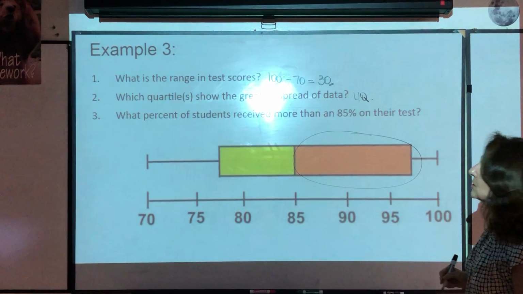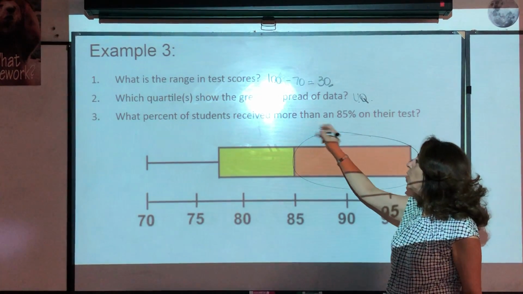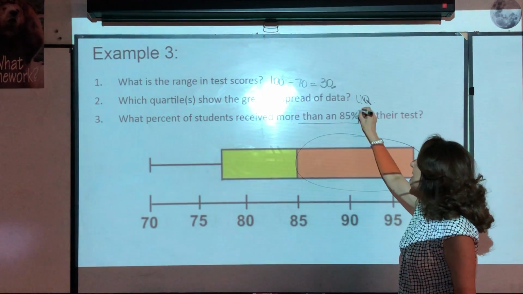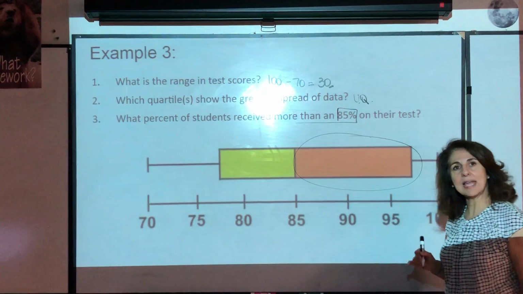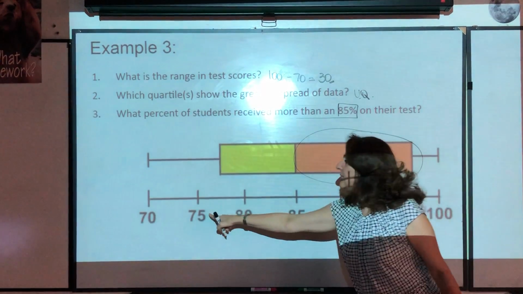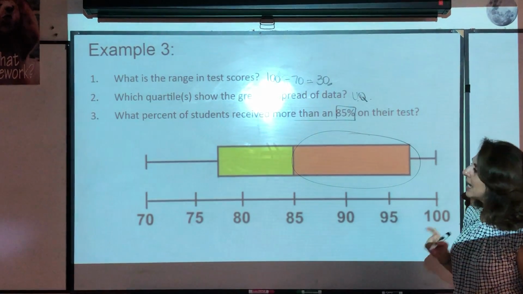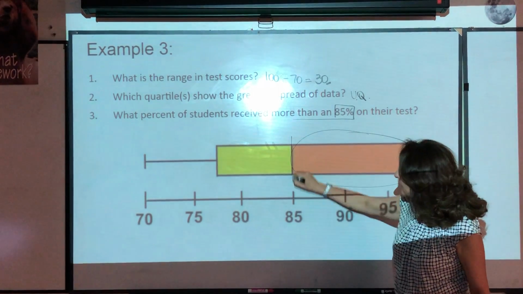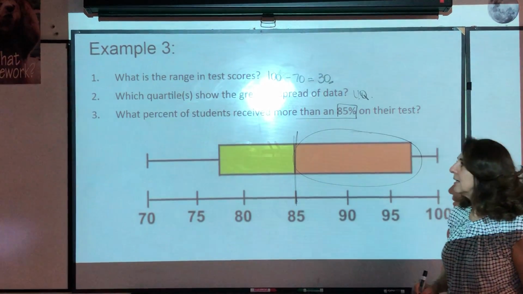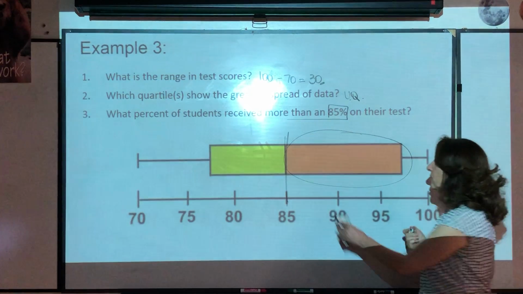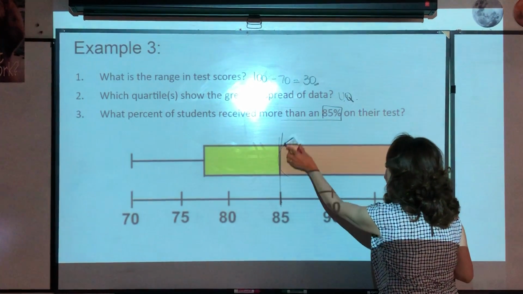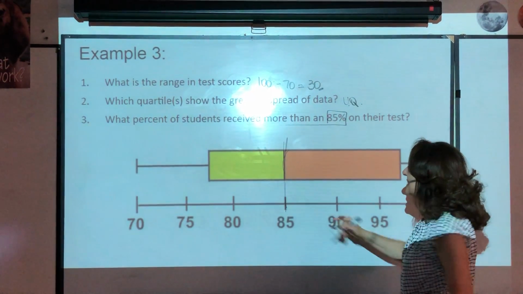And then what percent of students receive more than 85% on their test? So if these here are the grades, what happens here? 85 is right here. Look, it's right in the middle. That is the median.